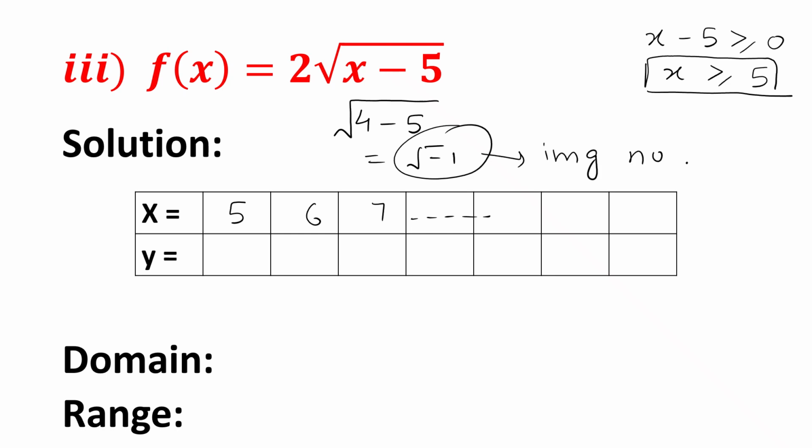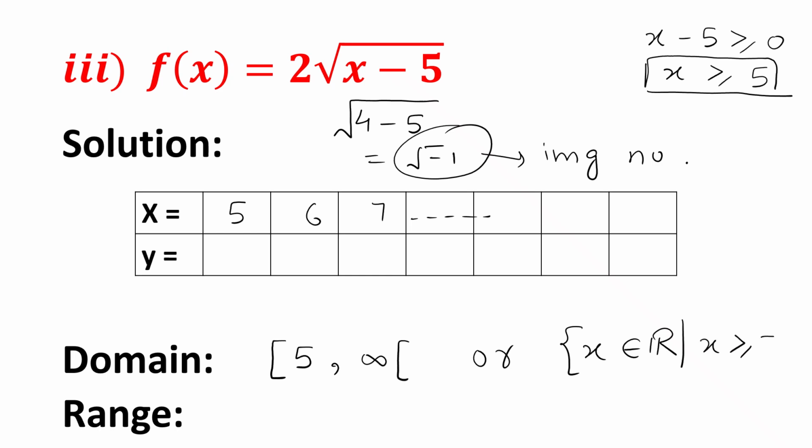It means our domain is 5 to positive infinity. Another way of writing the domain is: x belongs to real numbers such that x should be greater than or equal to 5.